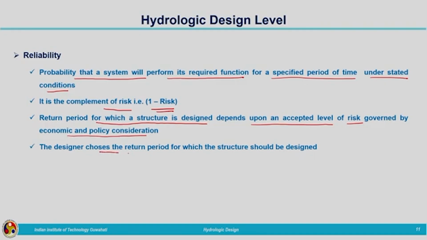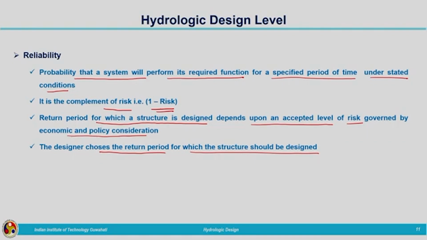The designer chooses the return period for which the structure should be designed. We won't design a storm drainage system by considering the same return period as that used for a major structure such as a dam. So, for each and every structure, there are certain return periods provided by the authorities that have to be utilized.